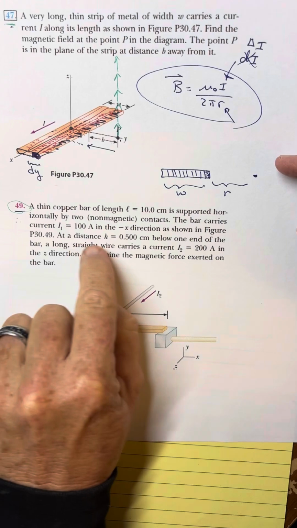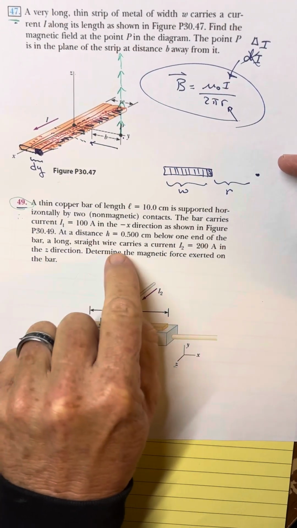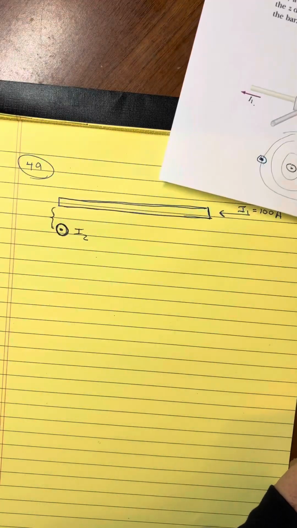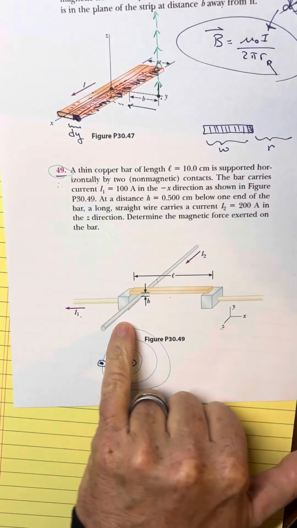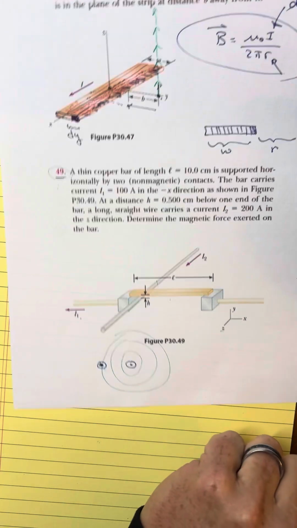Now, they did give me some dimensions here. It says at a distance of a half a centimeter below one end of the rod, a straight wire carries a current of 200. They didn't give me the dimensions of this straight wire.